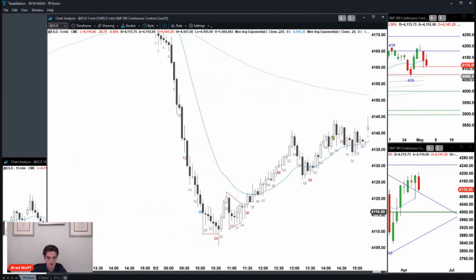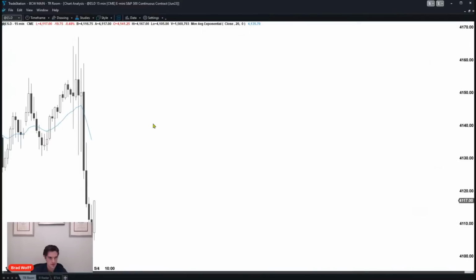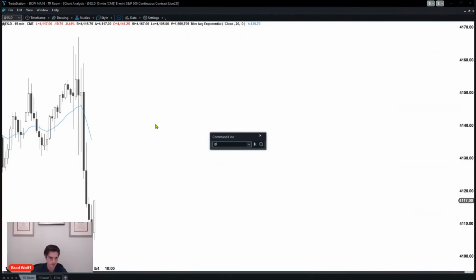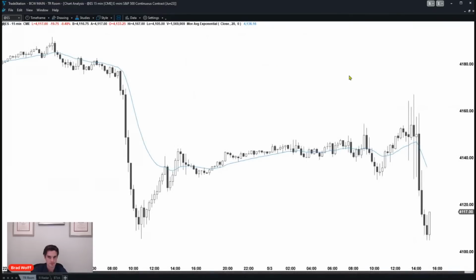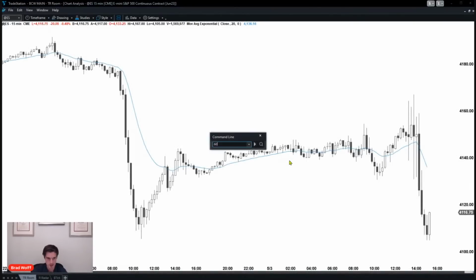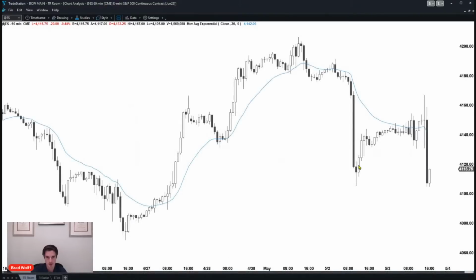So on the open, we have a tight trading range following a fairly tight bull channel. And the one thing I thought on the open was, I mentioned it in the pre-market, here I was mentioning on a 60-minute chart, we had a big sell-off and a tight bull channel.